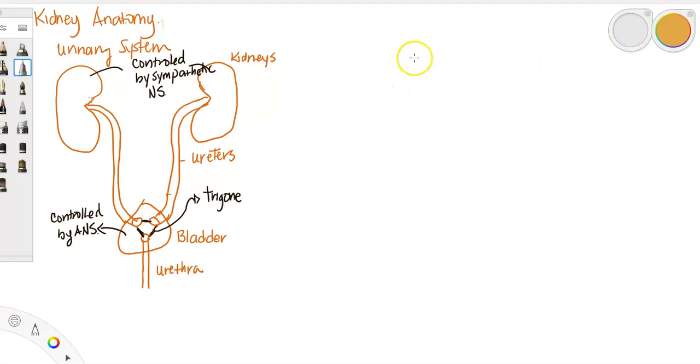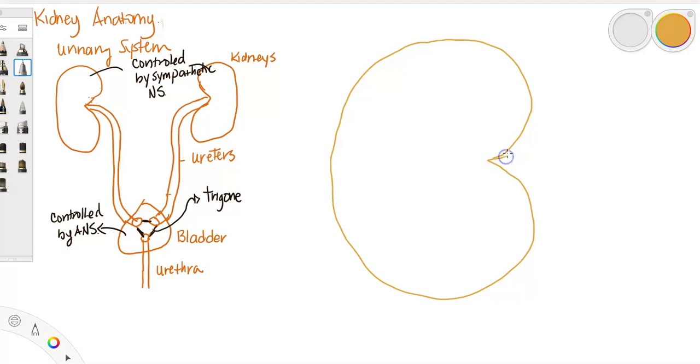Okay. So if we look at a kidney, all right, let's see if I can make a big old kidney here. Okay, so here's a kidney, and we know that the top here, it looks like a little hat on it.